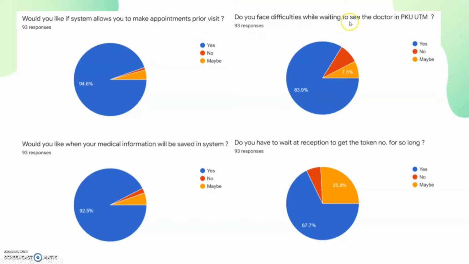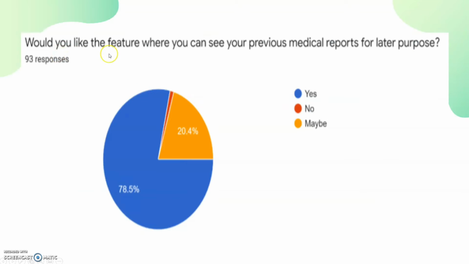Do you feel difficulties while waiting to see the doctor in PKU? 83% said yes. Would you like your medical information to be saved in the system? 92% said yes. Do you have to wait at reception for so long to get the token number? 67% said yes. And would you like the feature where you can see your previous medical prescriptions for later purposes?